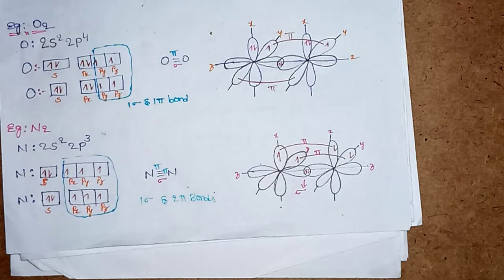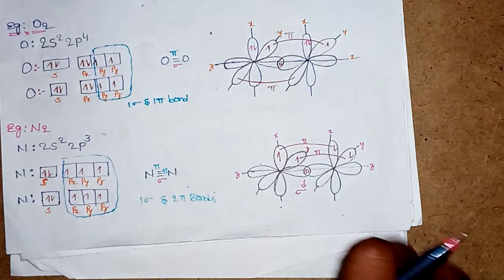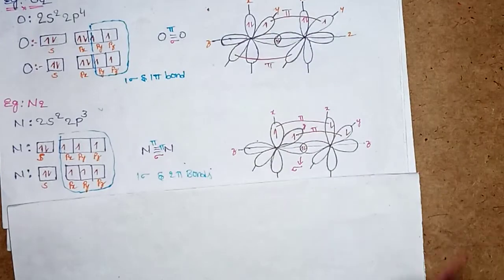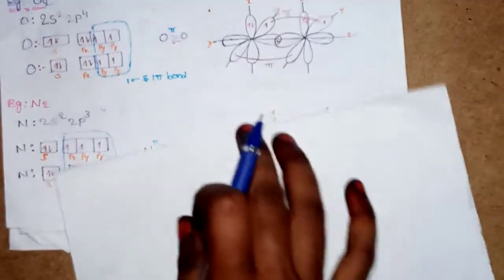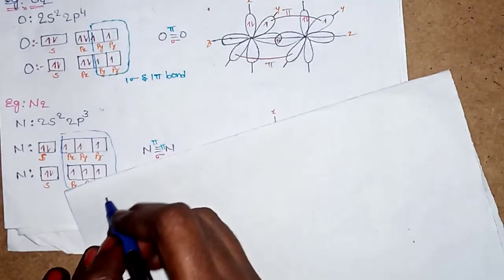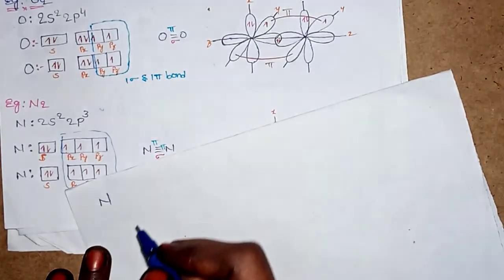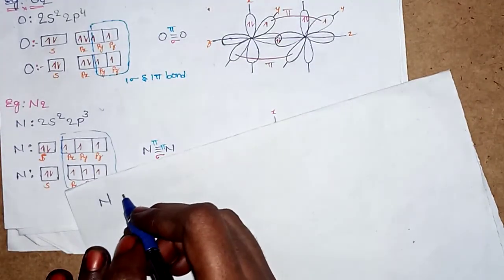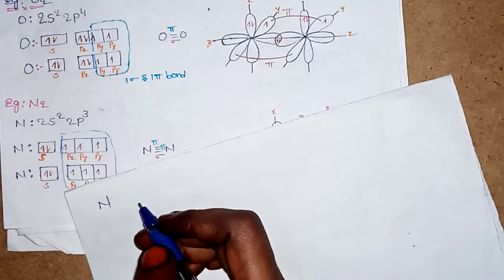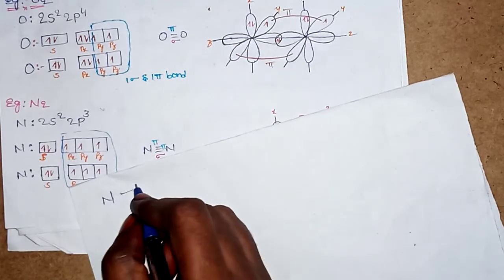Okay, next coming to nitrogen. Same as before, see the overlapping zones carefully. So what is the electronic configuration of nitrogen? What is the atomic number of nitrogen? 7 only, no?